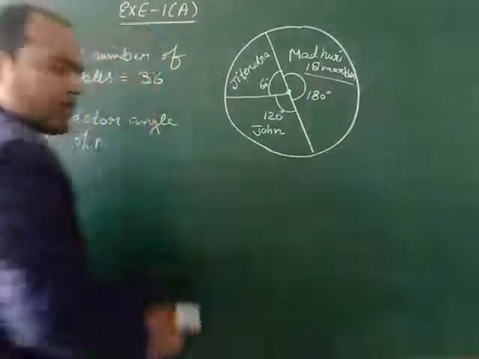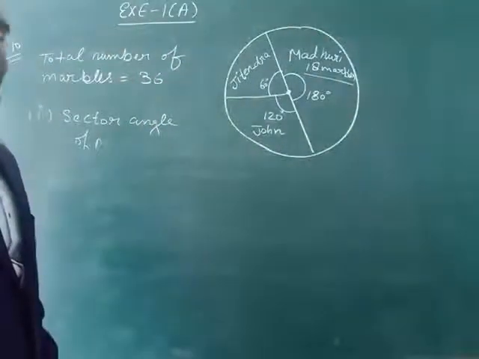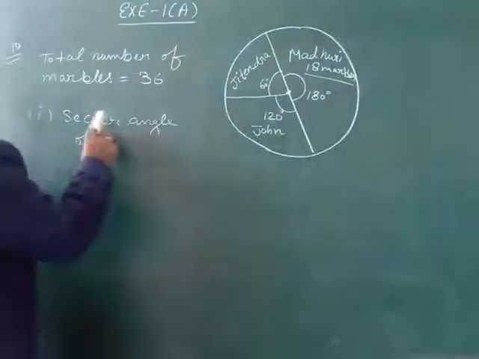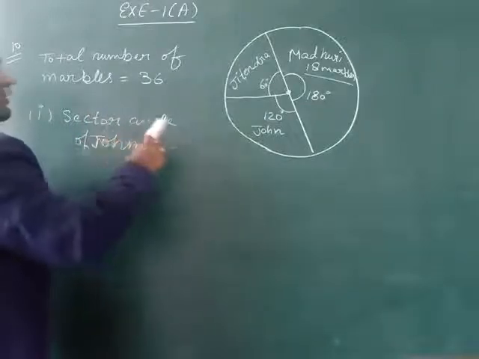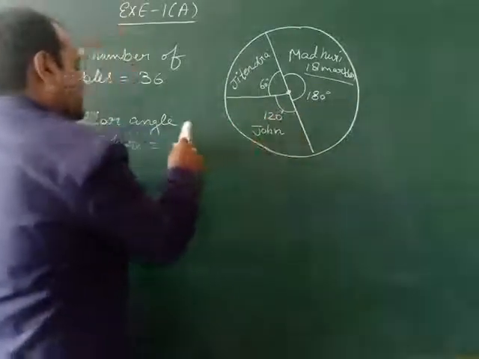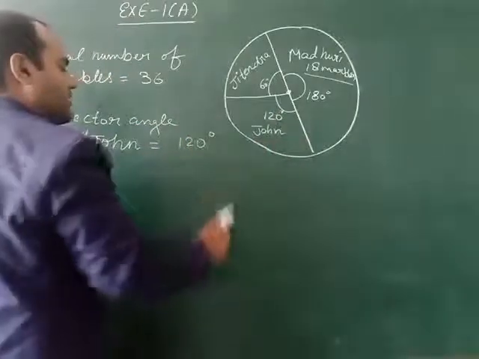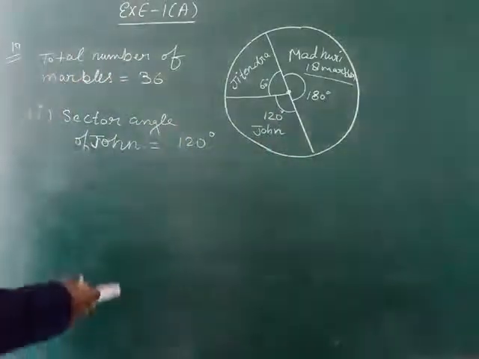So for this what we have to do? We have to use the sector angle for John. The sector angle of John is given in the figure. John's sector angle is 120 degree. Now we have to use the formula on the left hand side.